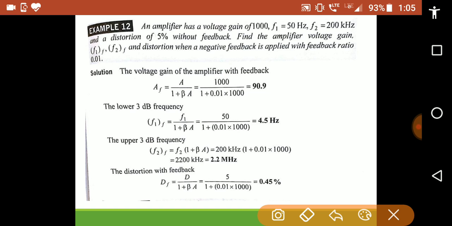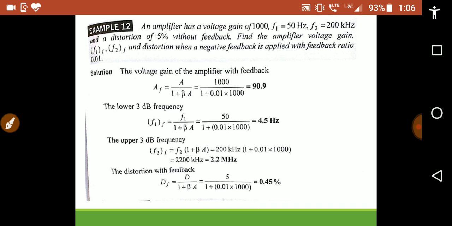So first we have to find the voltage gain of the amplifier with feedback. We know that AF equal to A divided by 1 plus beta A. Here AF equal to 1000 divided by 1 plus 0.01 into 1000.